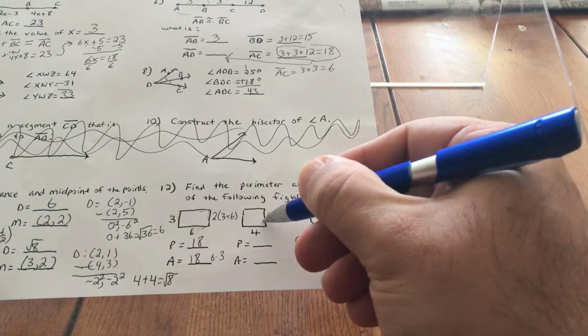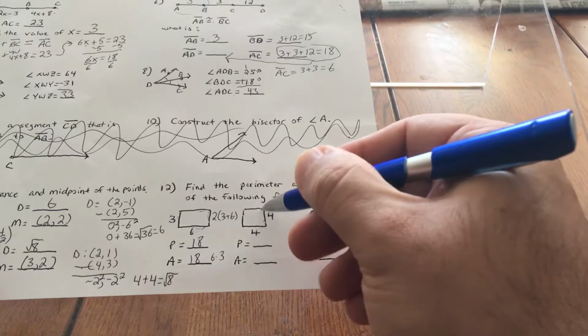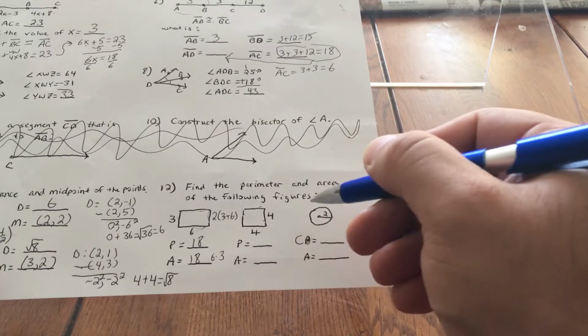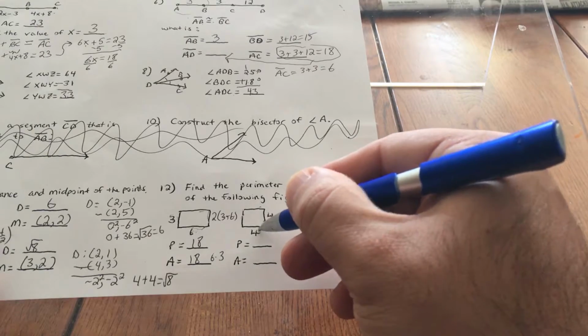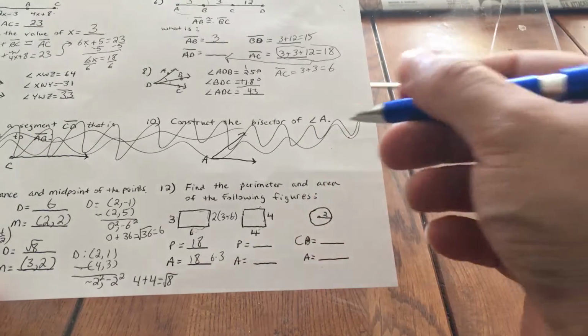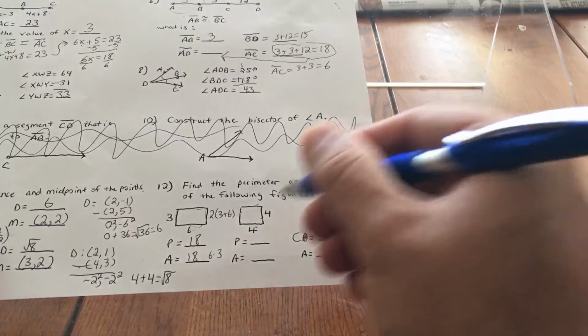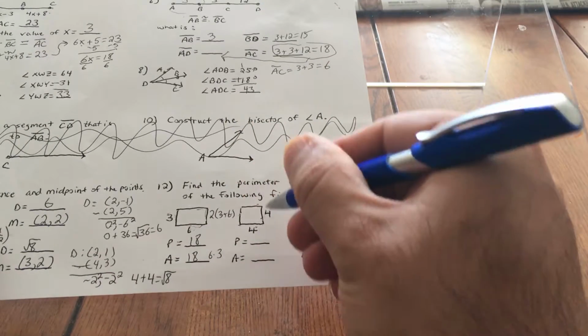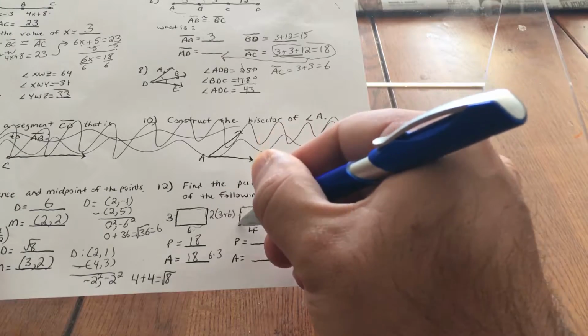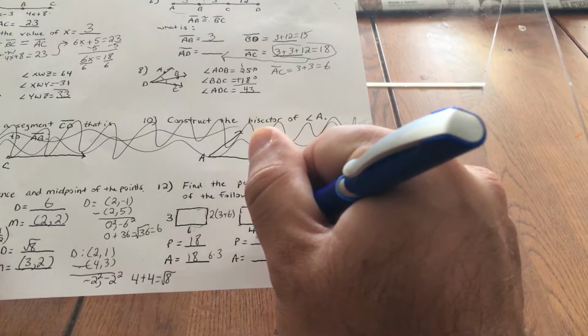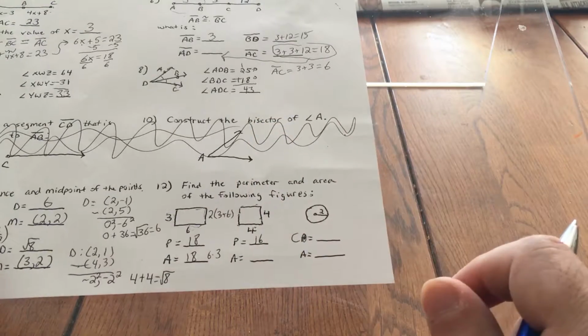Notice here in the next one, 4 and 4, this means that all the sides are equal. So that's a square. So with the square, the perimeter is just 4 times the length. So 4 times 4 is 16. Or you can add up all the sides again. Starting in the corner, it would be 4 plus 4 plus 4 plus 4. So 4 times 4 is 16. So that's our perimeter.